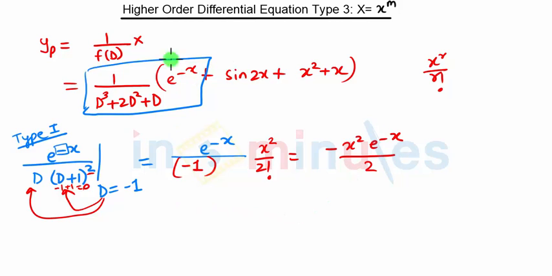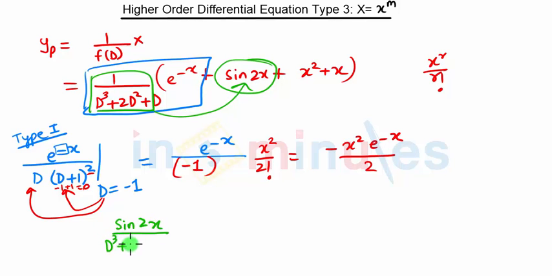Then we will consider the term sine 2x. So in this case we get sine 2x upon d cube plus 2d square plus d. So in this we will replace d square by minus a square. What is a?